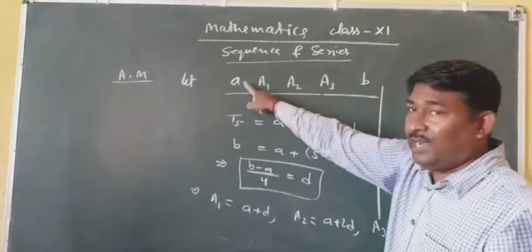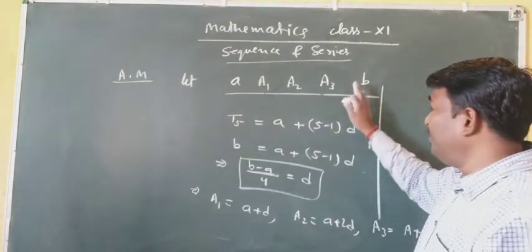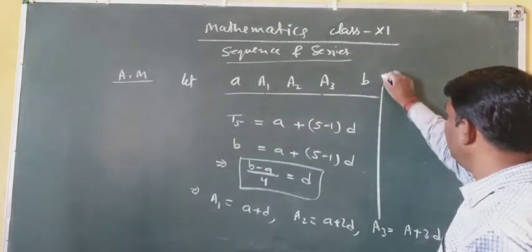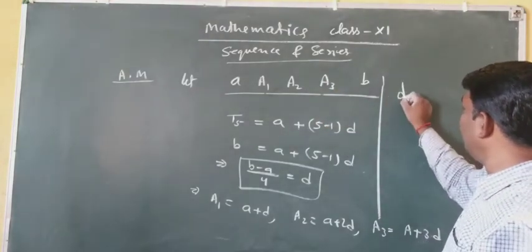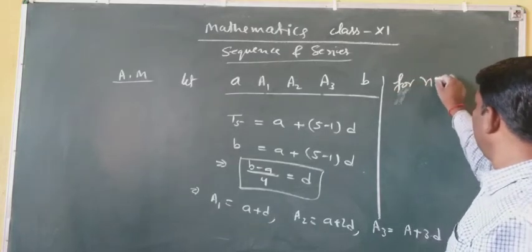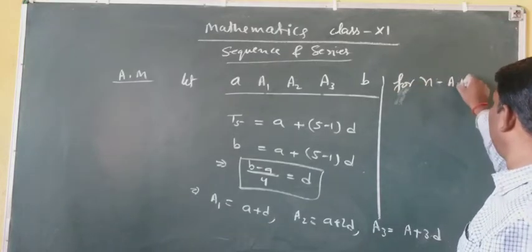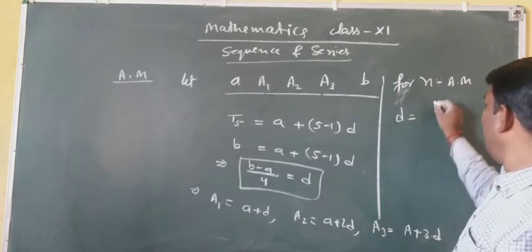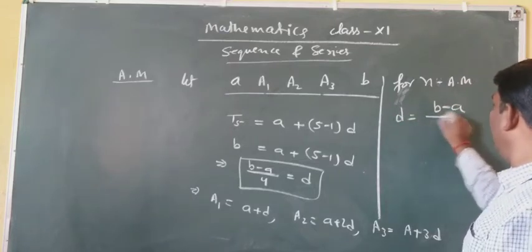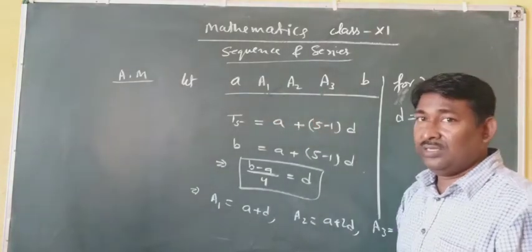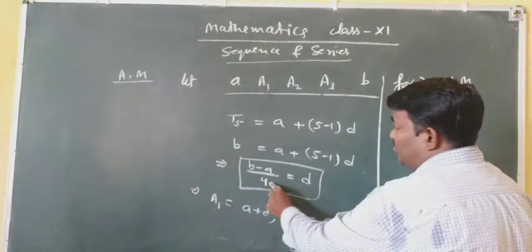If a and b are two given numbers and we have to introduce n arithmetic means between these two numbers a and b, then you have to first calculate d. For n arithmetic means, d will be equal to (b minus a) upon, see here we had introduced 3, so 3 plus 1.